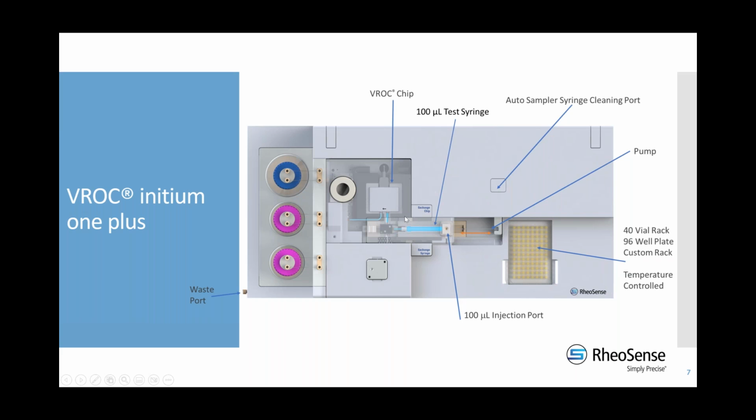Inside the chip is housed that microfluidic channel from the previous slide. Because this system is closed, we don't have to worry about any interfacial effects on the viscosity, including evaporation as well as any migration of components such as the antibodies through the interface.